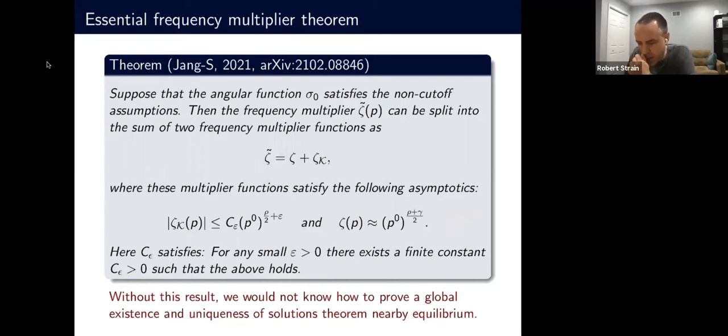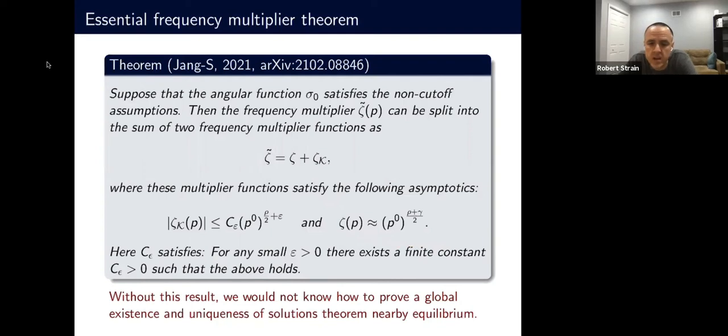So zeta kappa is bounded above by a constant times p0 to the rho over 2 plus epsilon. And zeta is comparable to p0 to the rho plus gamma over 2. And here C epsilon is the constant that satisfies, for any small epsilon, there is a finite constant C epsilon such that the above holds. So these are the sharp asymptotics for this frequency multiplier.